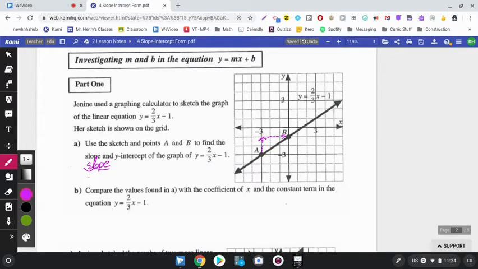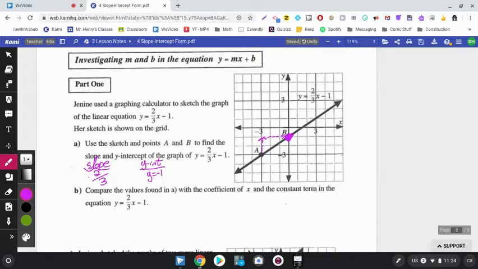Rise over run, that would be 2/3. Okay, in terms of the y-intercept, that would be point B, actually. Where do I cross the y-axis? 0, comma, negative 1. You have a y value of negative 1.